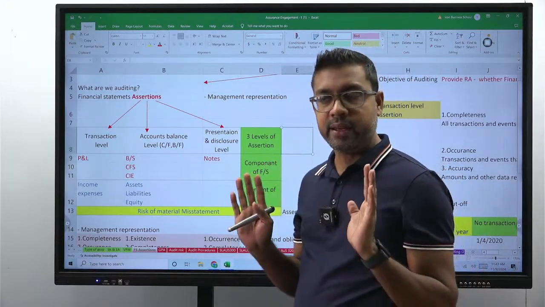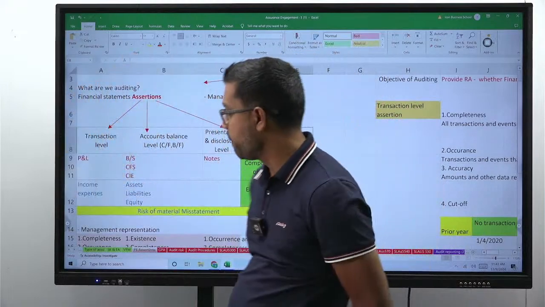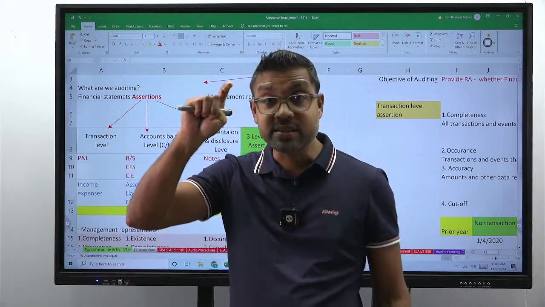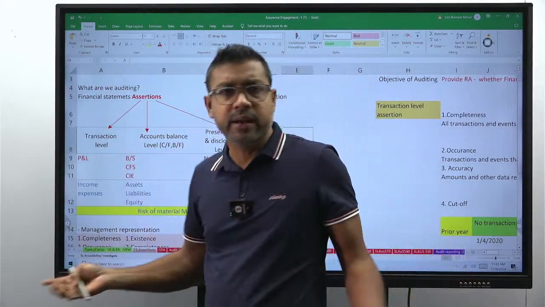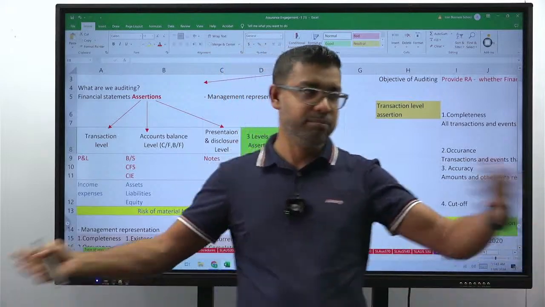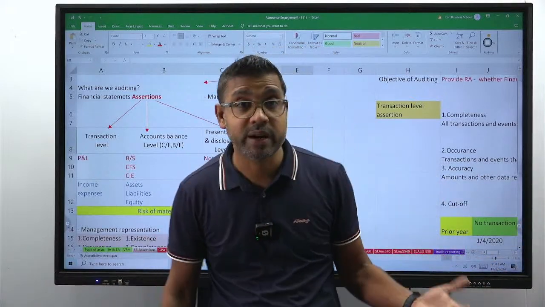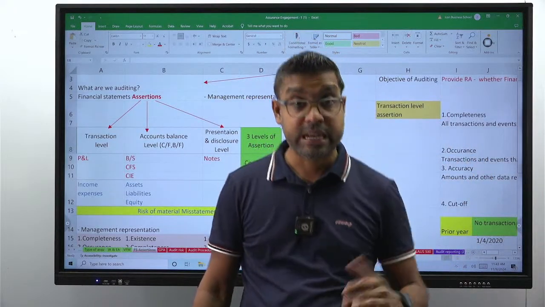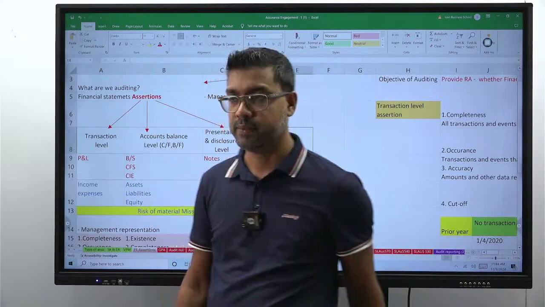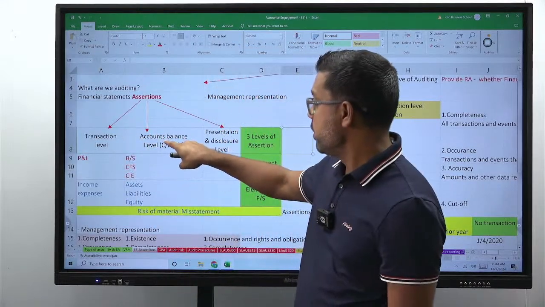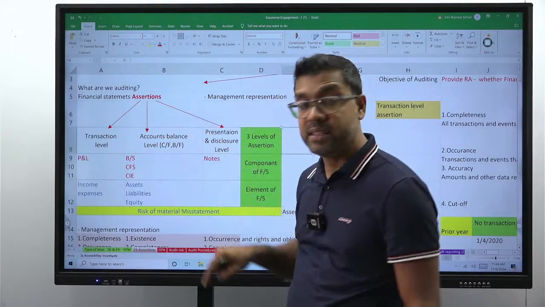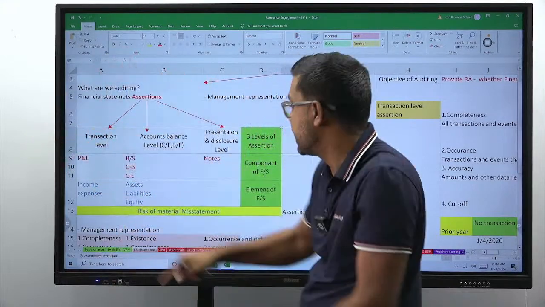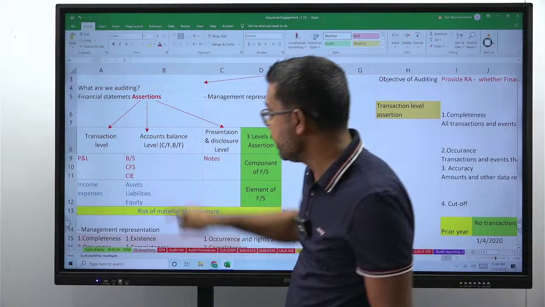Now I'm going to relate these assertions to financial statements. Where can you find transactions? Transactions we can find in our P&L, the statement of profit and loss and other comprehensive income. And account balances, meaning carried forward, brought forward balances, we can see in our balance sheet and in our cash flow statement.